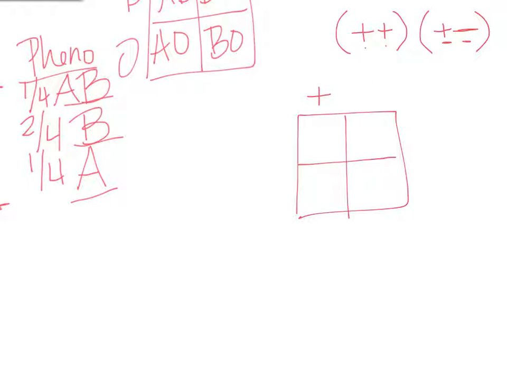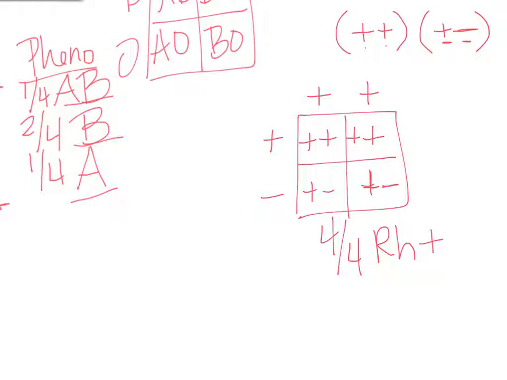And again, positive is completely dominant over negative. So as long as you have 1 positive, you are going to show positive. And so once we have the Rh factors figured out, in this case, all 4, so 4 out of 4, are going to be Rh positive.